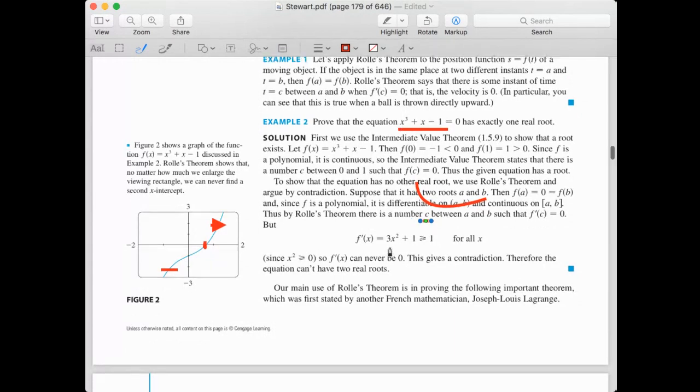We observe this is always positive, always greater than or equal to 1 for all x, because we have an x squared term. So the derivative 3x squared plus 1 will never be 0. If we set it to 0, we won't be able to find any x to satisfy the equation. So this gives a contradiction, which means the equation cannot have 2 real roots, so it can only have 1 real root.